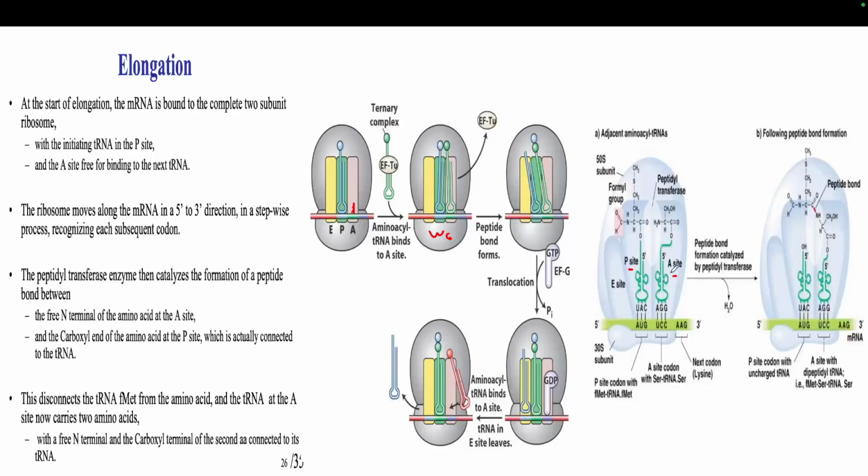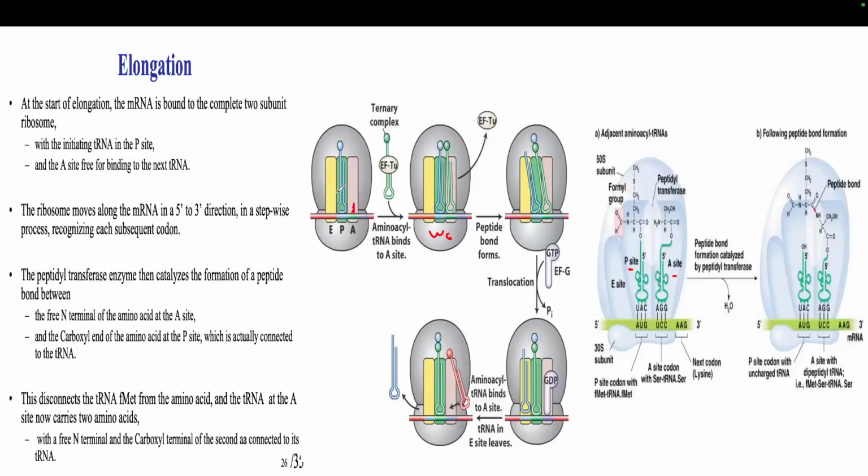And this new peptide bond is now formed, so this amino acid will come to the P site. Okay, so this disconnects the tRNA fMet from the amino acid, and the tRNA at the A site now carries two amino acids. Okay, sorry, it will be present in the A site, not in the P site.